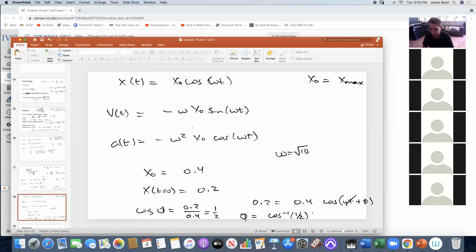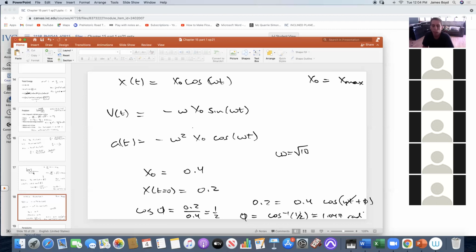Now, you need to be in radians. Everything should be in radians. So arc cosine of 0.5 is about 1.047 radians.